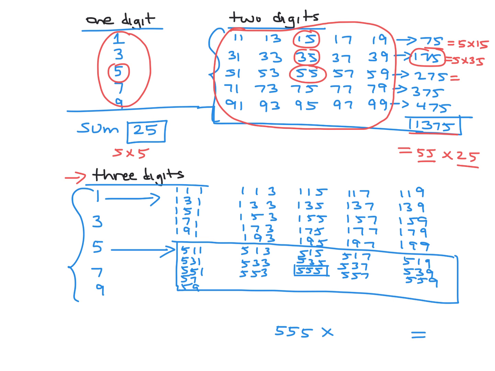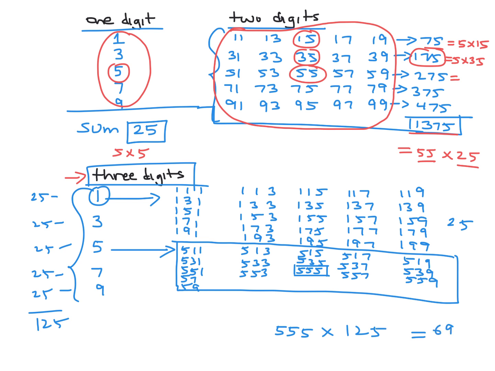And the total numbers, let's see, with the ones there was 1, 2, 3, 4, 5, 25. So there's going to be 25 that begin with the 1, 25 that begin with the 3, and so on. So it looks to me that the grand total of the 3-digit guys is 125. So that's what we'd multiply this by. And I'm pretty sure that is how we do it, and that's 69375.